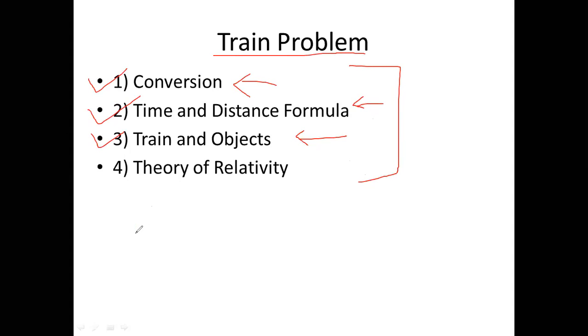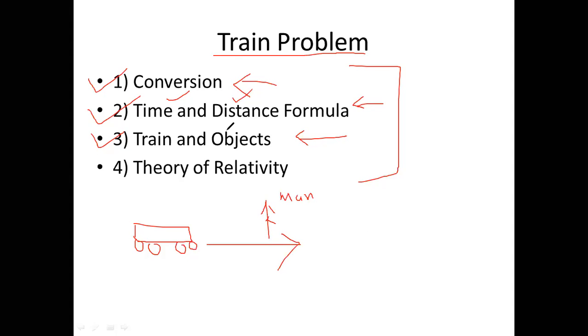A numerical will come where you have a train of some length which is crossing some tree or some stationary object, right? It is crossing it. So it will ask you for any of these variables: time, speed, or distance.